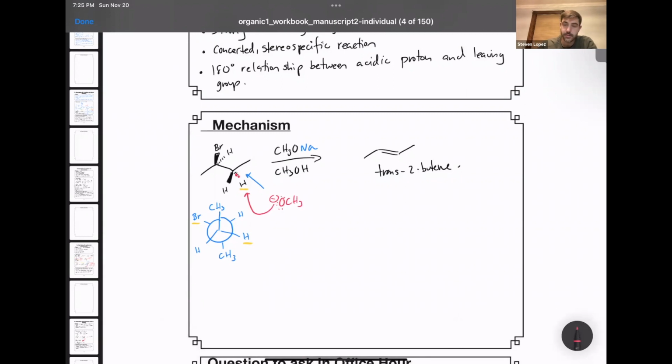It moves the two electrons from that carbon-hydrogen bond to the hydrocarbon framework, forms a pi bond, and kicks out the carbon-bromine bond all at the same time.